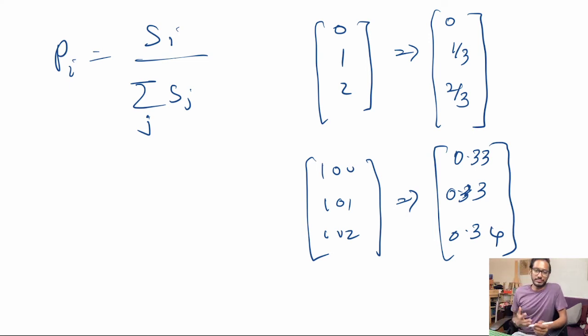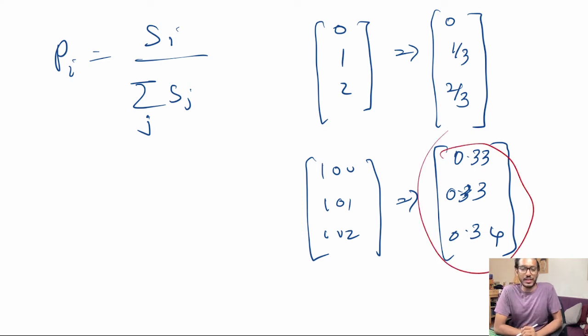So this is not that great for us to classify, right? We want something that shows us the difference as well, which makes us choose a category much more easily.